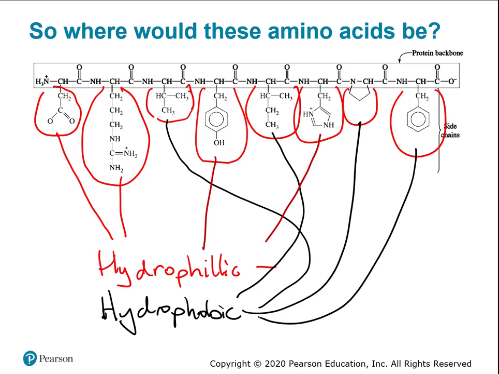If it's nothing but carbon and hydrogen, those are going to be hydrophobic. So if this one folds up, the ones that are hydrophobic are all going to try to cluster to each other. So that's going to create this folding. The more hydrophobic R groups, the more folding you're going to see. Okay, because they're not going to want to be on the outside with water.